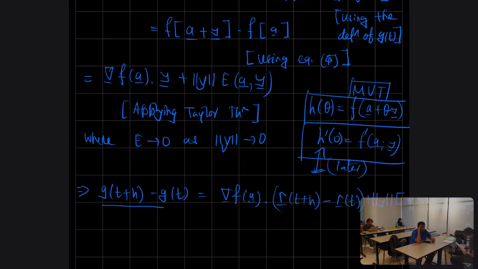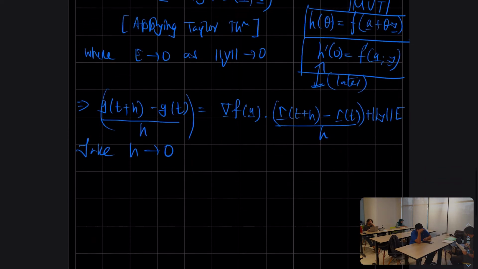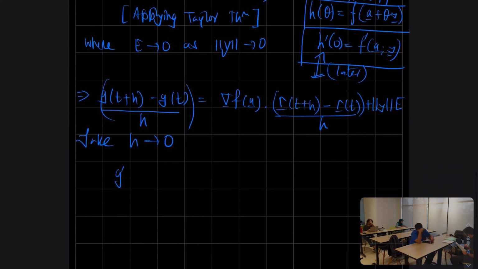So now I'm going to divide by h on both sides and take the limit, h tends to 0. What happens? This is g prime t. This is going to be r prime t, and as h tends to 0, what happens? Let's see what happens to y.